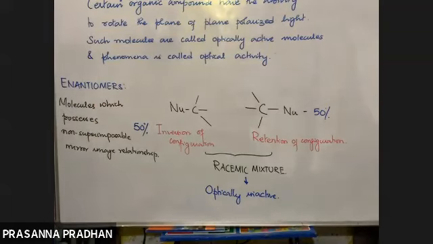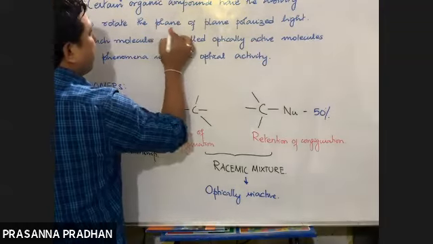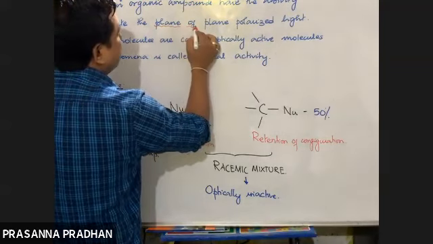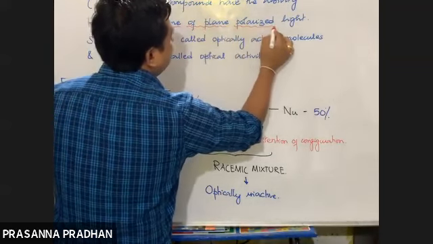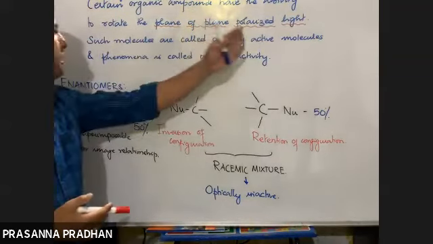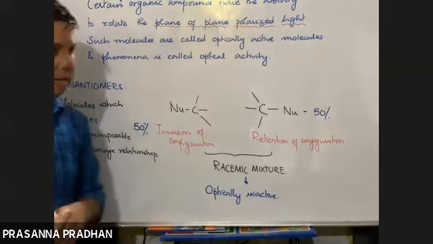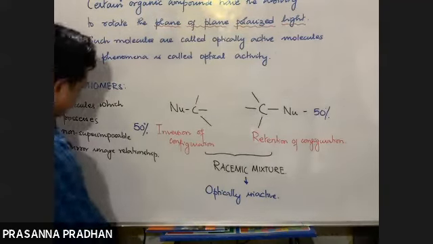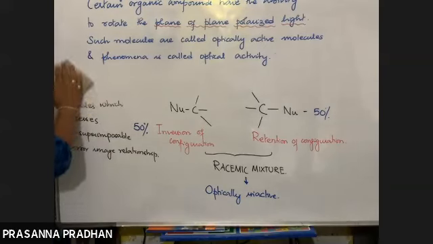Certain organic molecules have the ability to rotate the plane of plane polarized light; such molecules are called optically active molecules, and the phenomenon is known as optical activity.